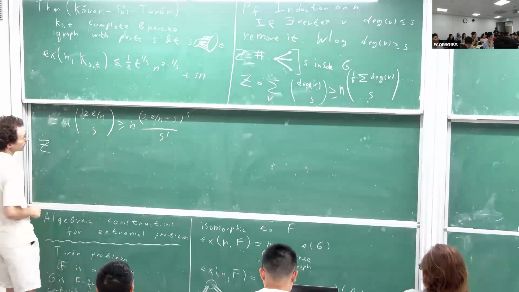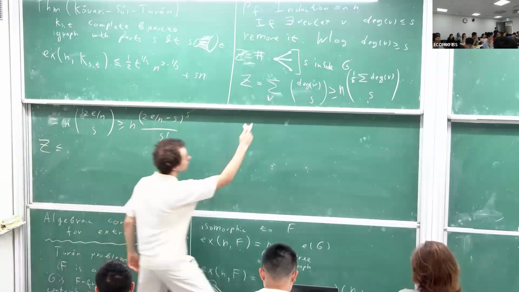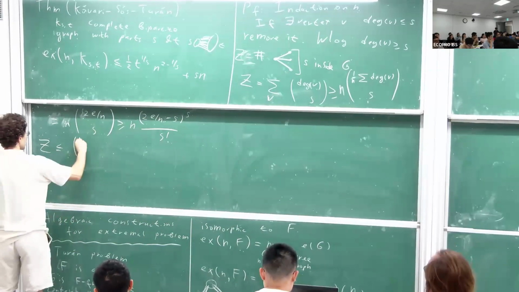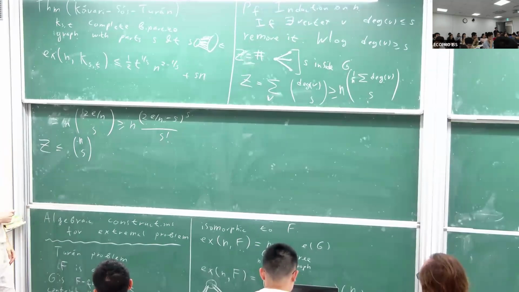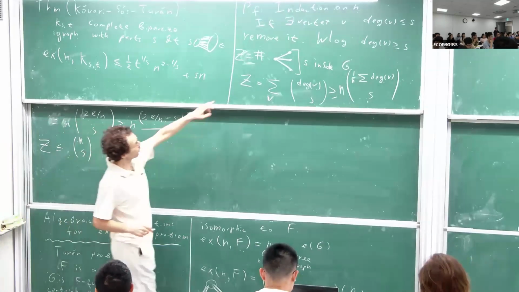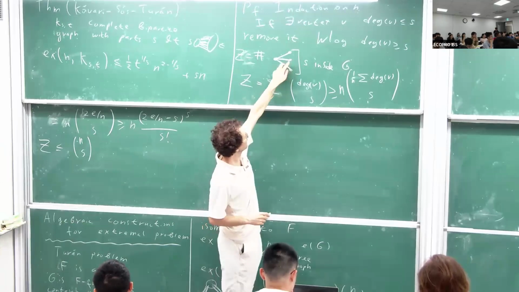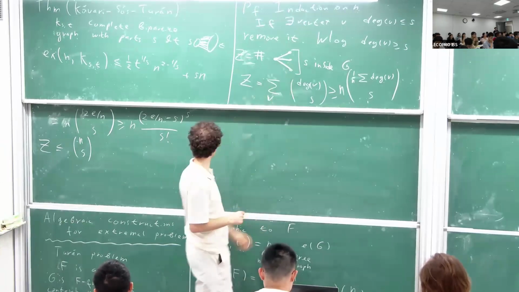Now, as to the upper bound on z, we can think of choosing the neighbors. There are n choose s ways of doing that. And once you chose them, well, since we are assuming that there is no copy of K_{s,t}, these s vertices have no more than t minus 1 common neighbors.